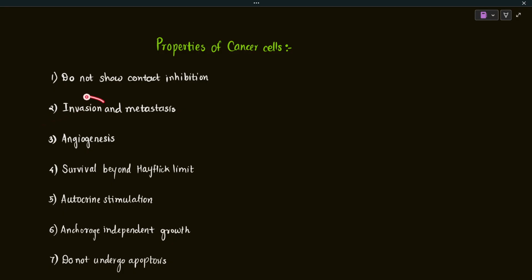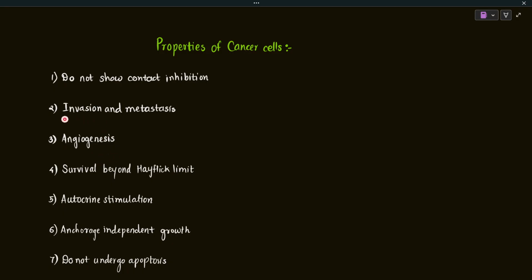So invasiveness means they invade other tissue, while metastasis means they go to a new location and can form a secondary tumor. Both of these characteristics belong to the cancerous cell, and that makes them very fatal for the patient.